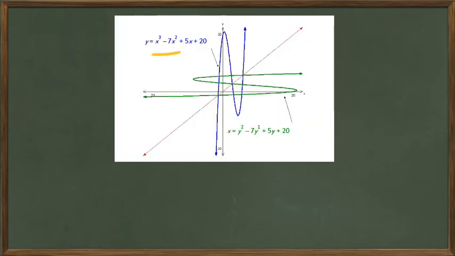So here's the function, and here's its inverse, and you can see they are reflections about the line y equals x, and their coordinates are flipped. You can see it maybe best with this point right here, which has as its corresponding point the one with the coordinates flipped.